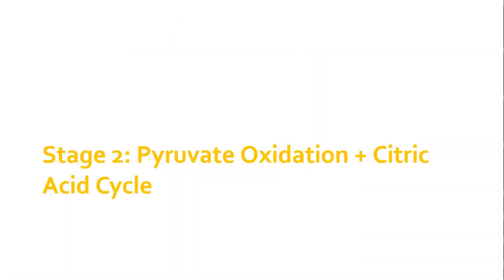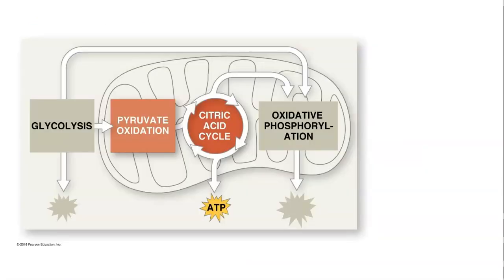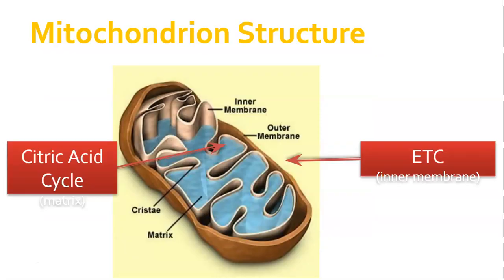So now we go to the second step, which is the combination of oxidizing pyruvate and the Krebs cycle, or citric acid cycle as it's known. So here's what the mitochondria looks like. This particular portion, the second portion, happens in the matrix, which is the fluidy part in the middle. And then the transport chain requires a proton gradient, so we're going to have the membrane there, and this takes place in the inner membrane.